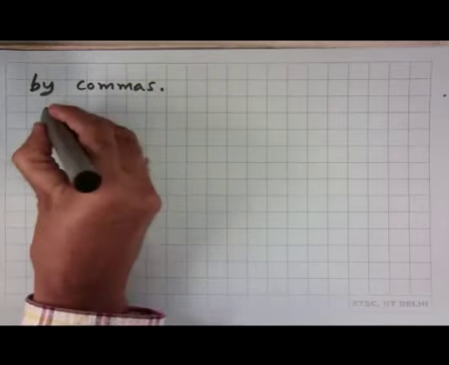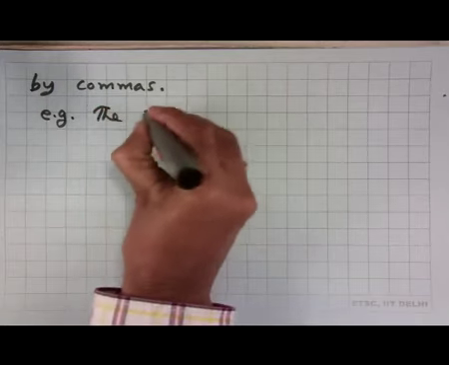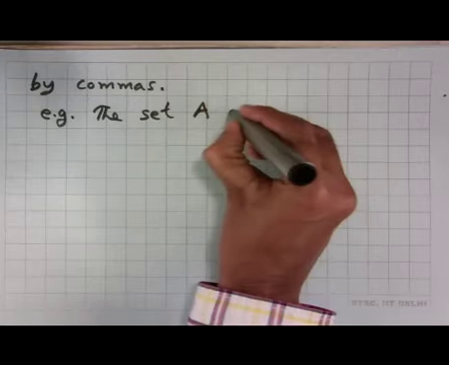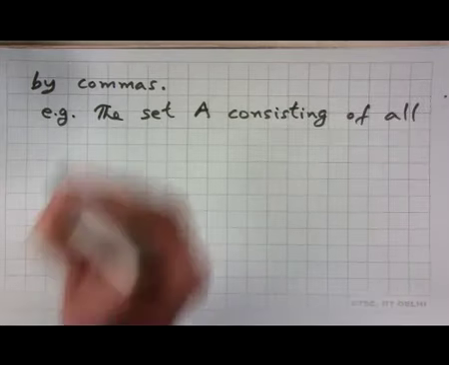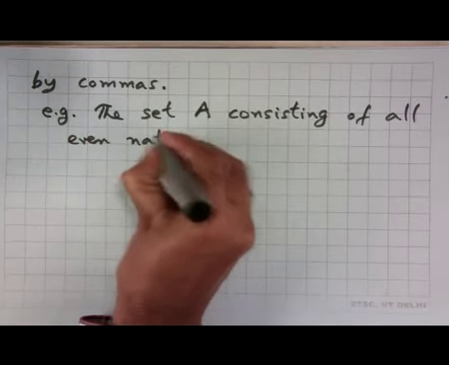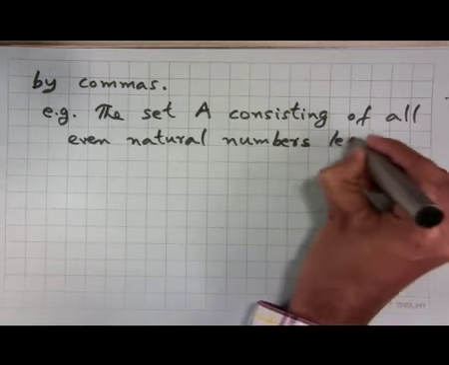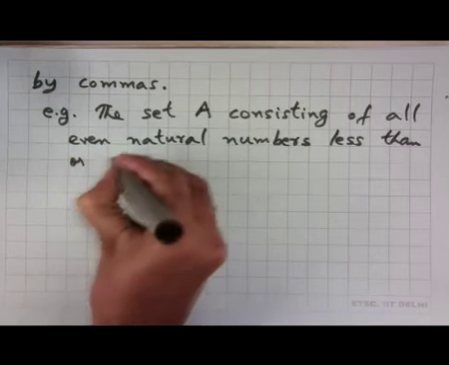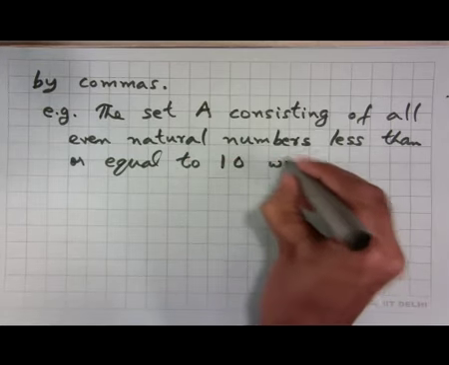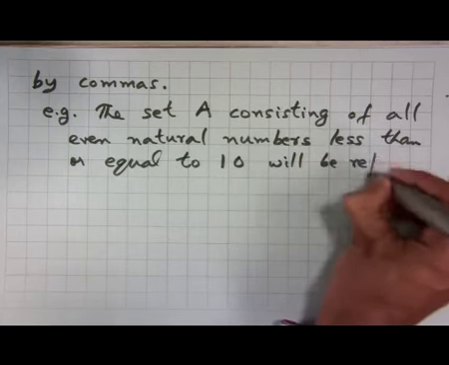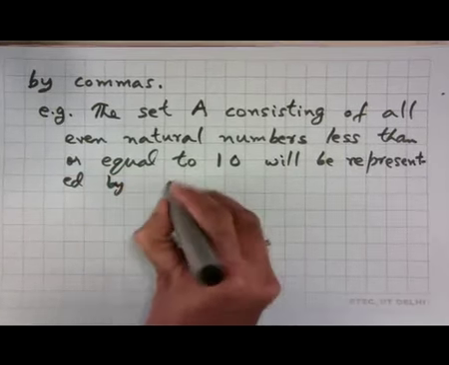So, for example, the set A consisting of all even natural numbers less than or equal to 10 will be represented by A is equal to.